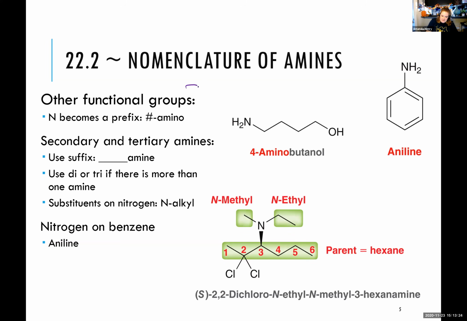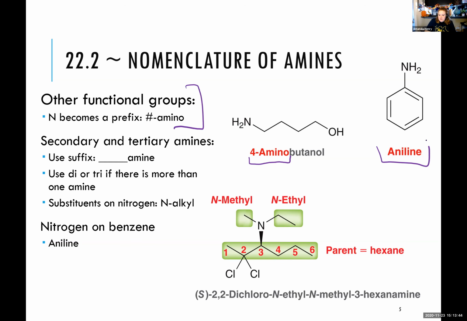So that's what this one is even referring to up here. Nitrogens are pretty low on that priority list that we've looked at. So if we have something else, then our amine becomes amino, and we put it as a prefix. We've also talked about aniline.